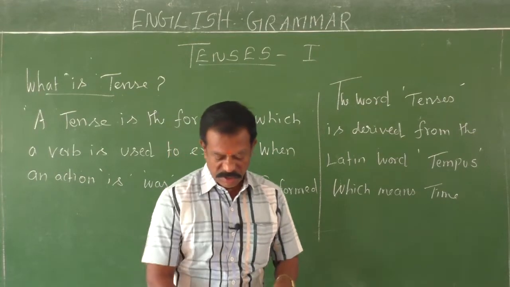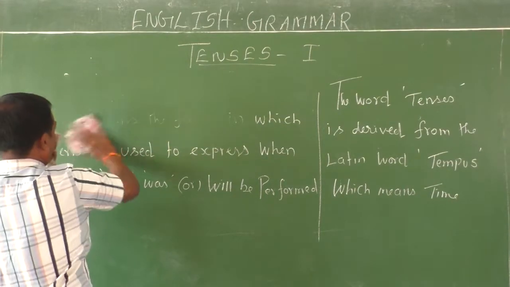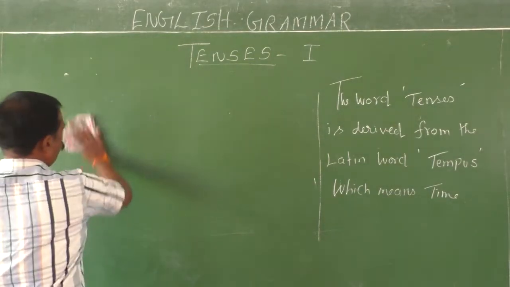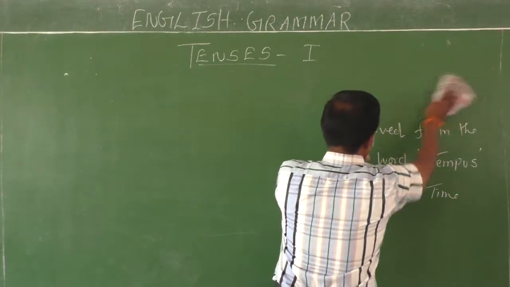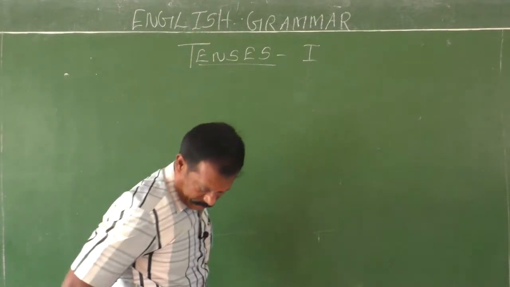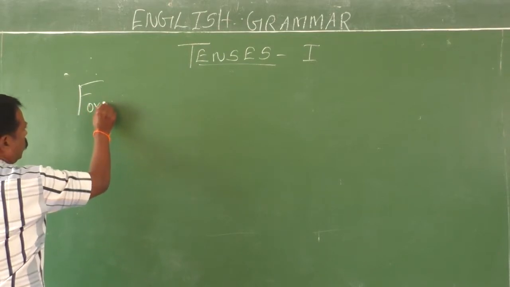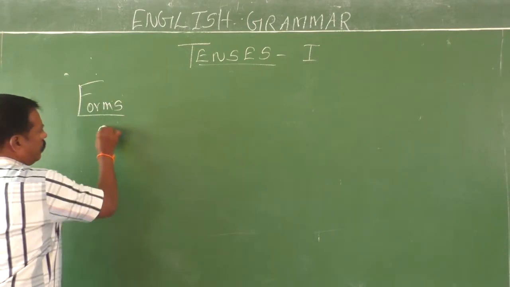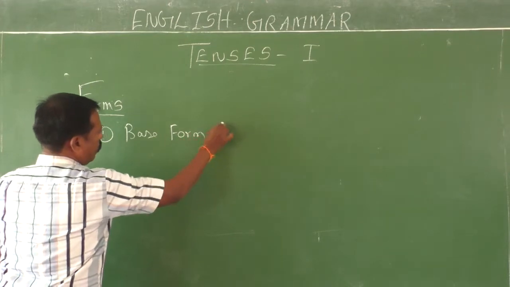Okay children, very good. Let me explain what is the form of verb and what is the state of verbs. Verbs have 3 states and verbs have 4 forms. Verb have 4 forms: base form, this is called V1.